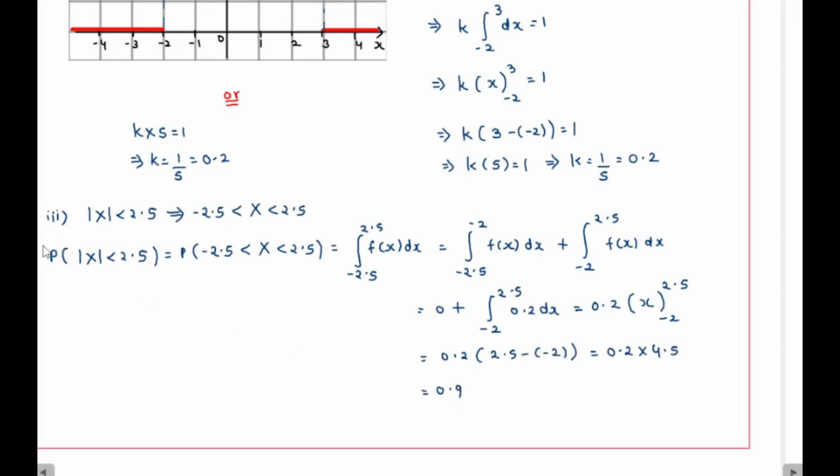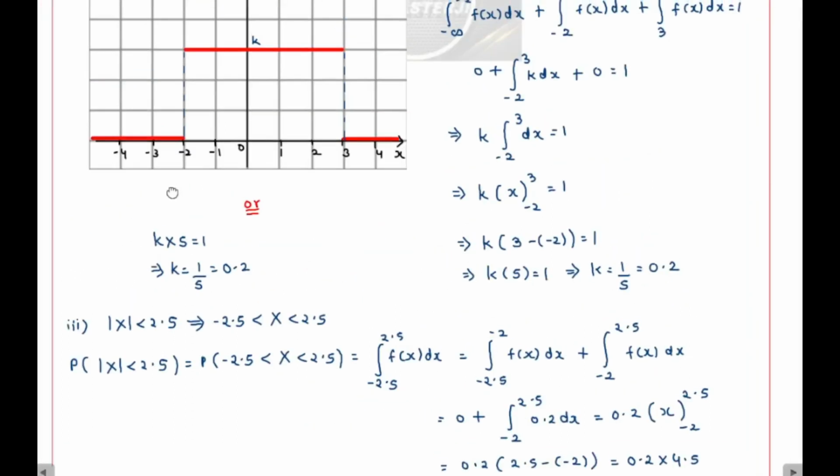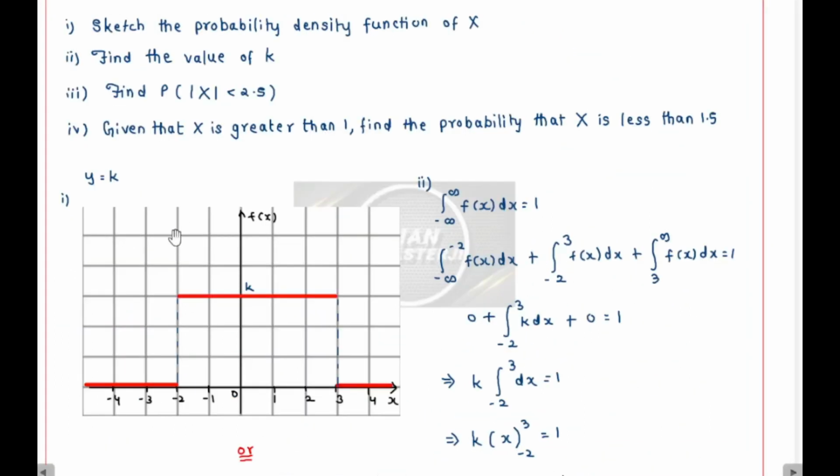So can I say probability of mod of x being less than 2.5 is nothing but 0.9, correct? So this answers the third part of the question.